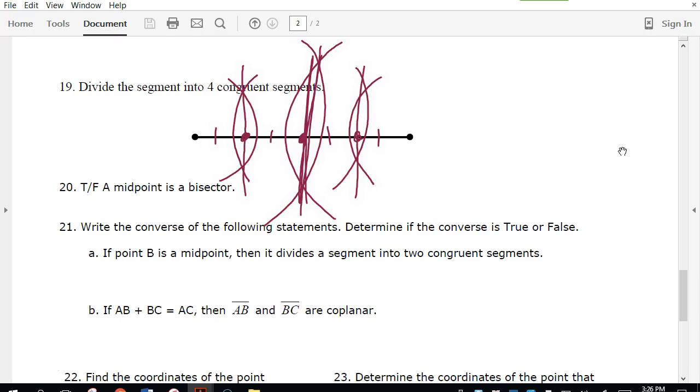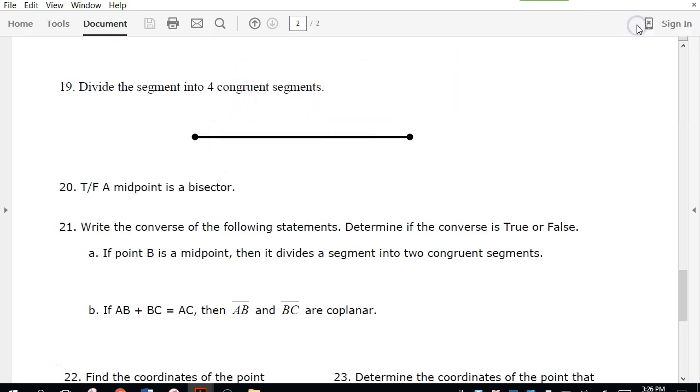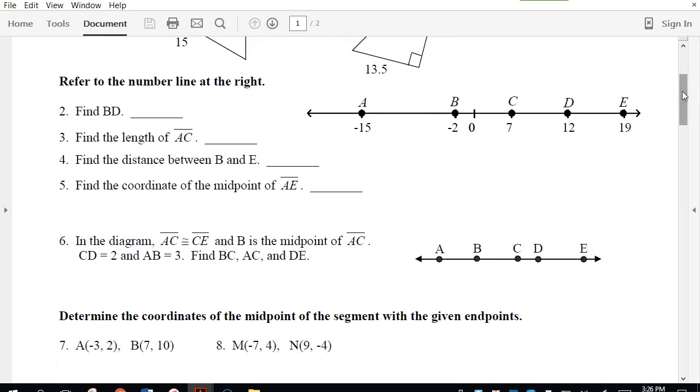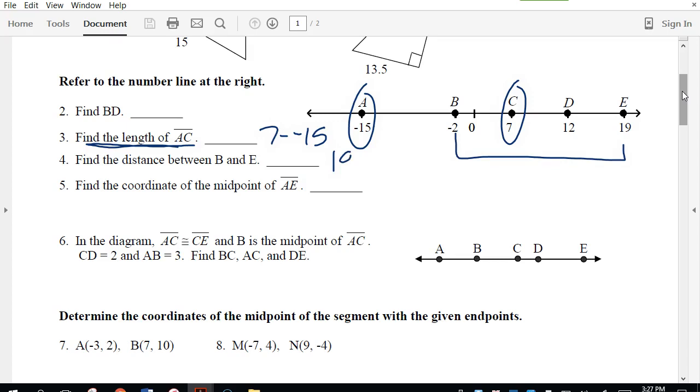Yes, Angie? For 4 and 3, it's the same, we solve it the same way, right? Yes, I like to ask you to find things but phrase it different ways. Find the length of AC means 7 minus negative 15. You always subtract them. Find the distance between B and E means 19 minus negative 2.